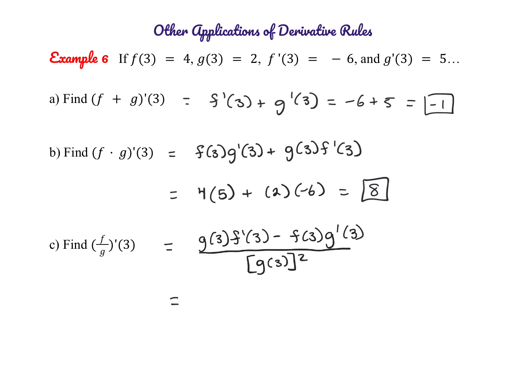And then we just need to substitute the values we know. So 2 times negative 6 minus 4 times 5 all over 2 squared. So that gives us negative 12 minus 20 over 4. So negative 32 over 4, which is negative 8.